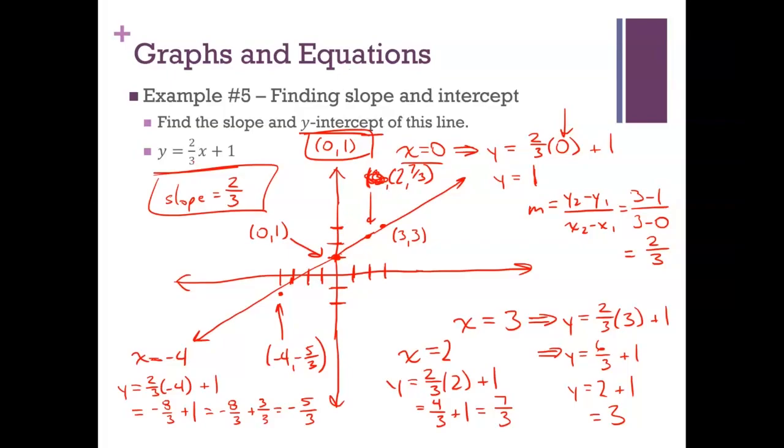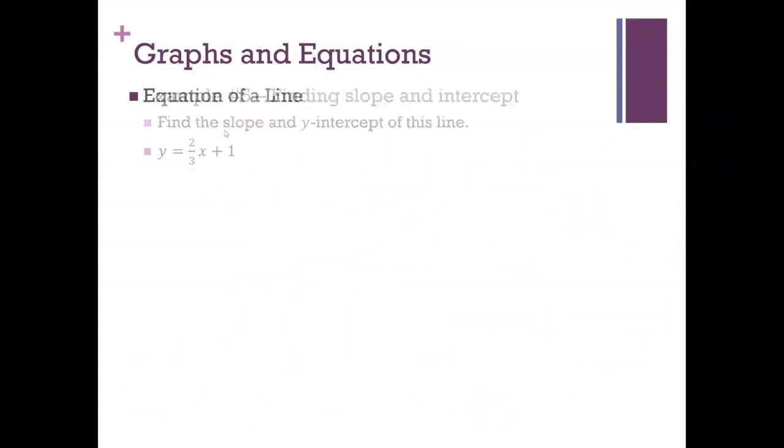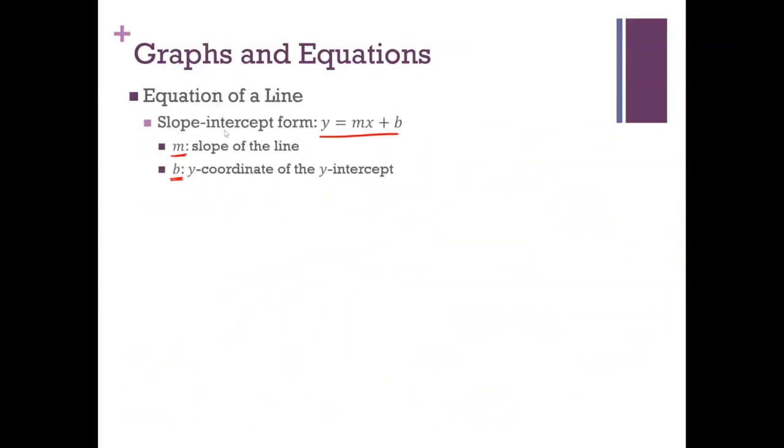That is not a coincidence that that is what this value is. And where's the y-intercept? It was at +1. So if you're given the equation of a line in that form, y equals mx plus b, the reason that it's also called slope-intercept form is because those are the two pieces of information you can get just by looking at it. Whatever number you're multiplying by x is the slope. Whatever number you're adding to mx is the y-intercept.